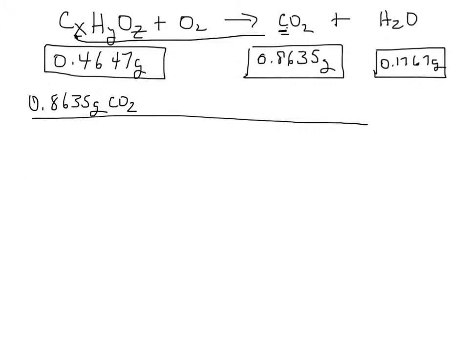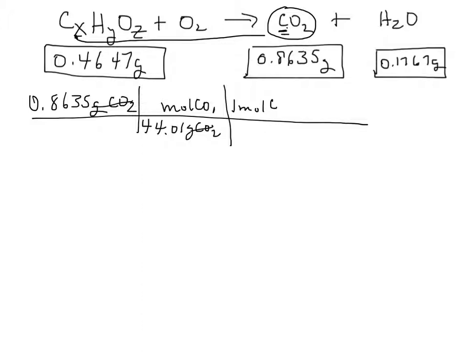We have 0.8635 grams of CO2. If we calculate the molar mass, we see that there are 44.01 grams of CO2 per mole of CO2. The grams of CO2 cancel out. If we look at carbon dioxide, there is 1 mole of carbon for every mole of carbon dioxide.